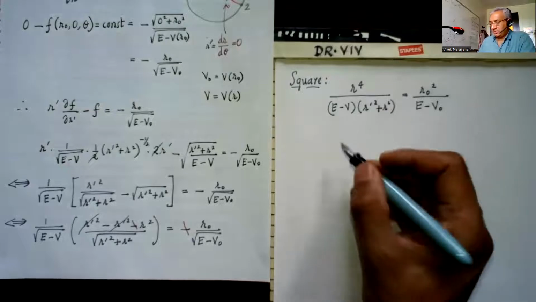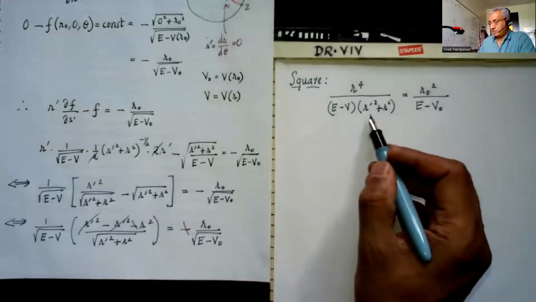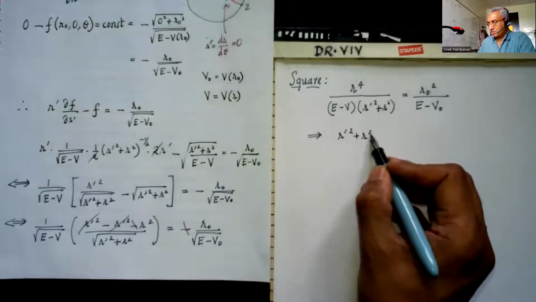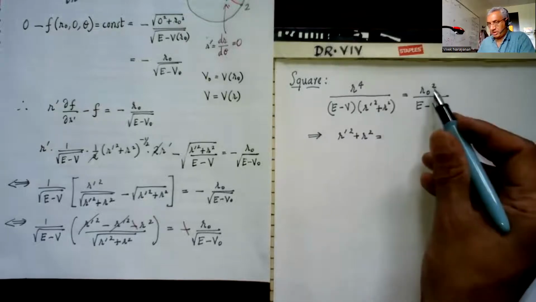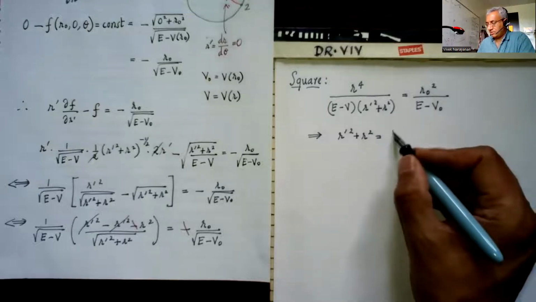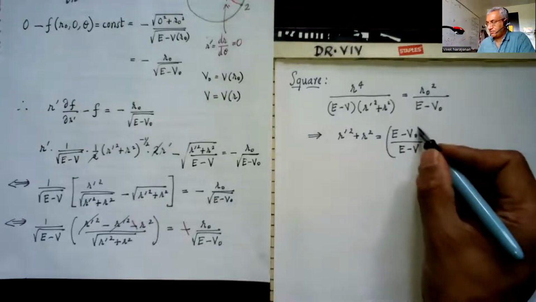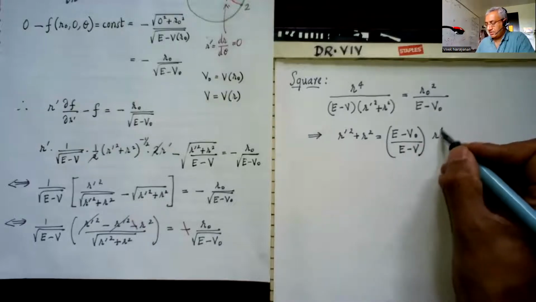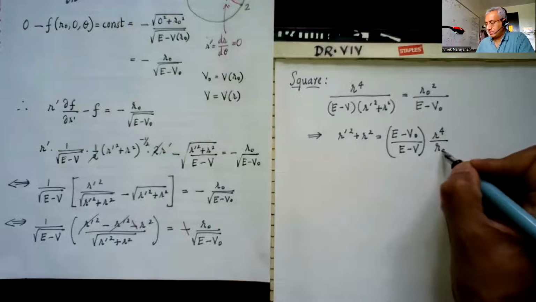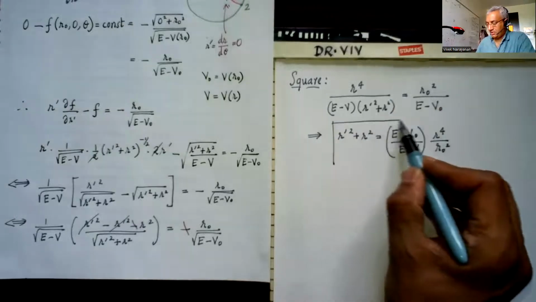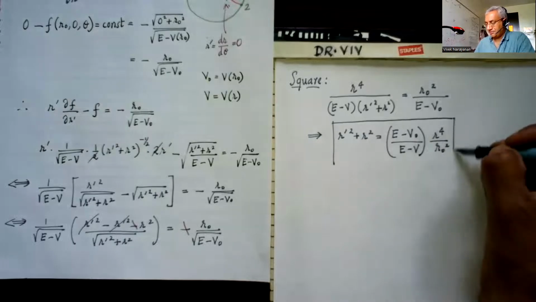Now lastly, let us solve for r prime squared plus r squared. So since I'm bringing it there, I'll take the e minus v naught upstairs. So this is our beautiful equation that we have to solve.